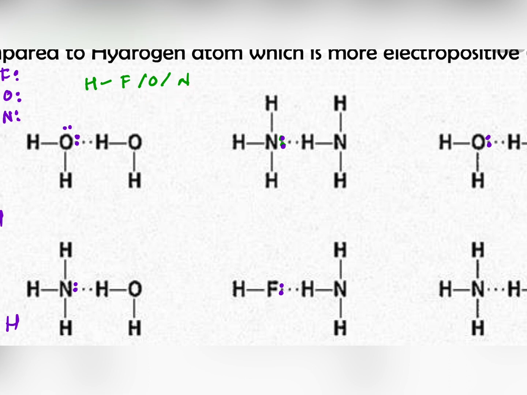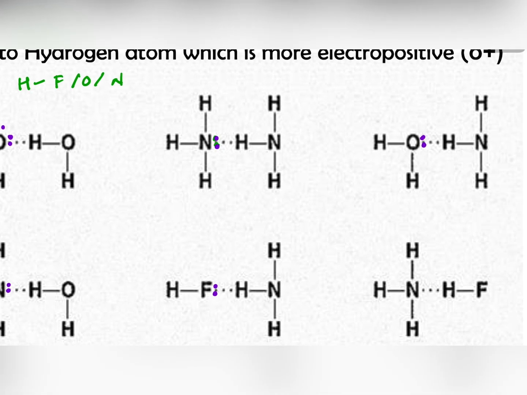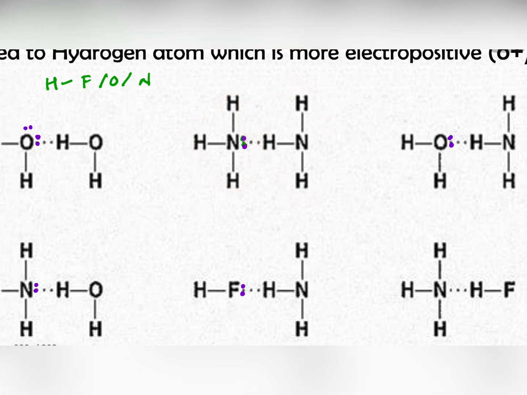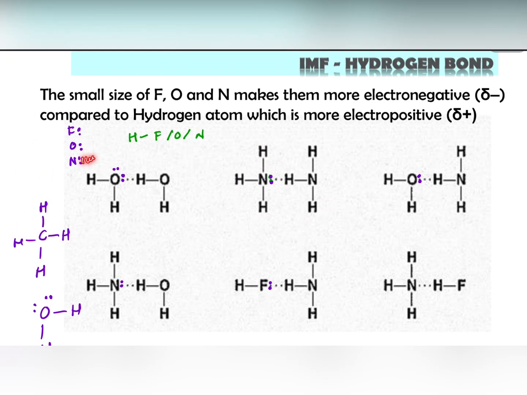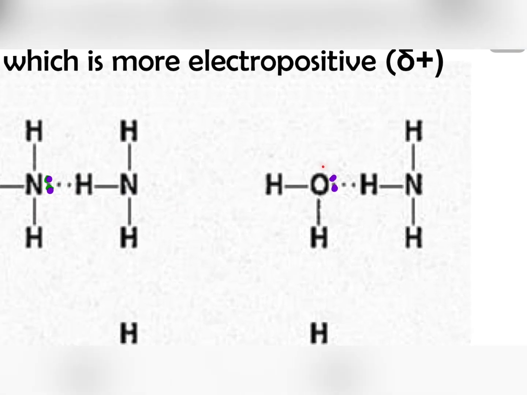Okay, so let's have a look at this example. Okay, so ini ammonia with another ammonia. Sama jugalah case dia. So lone pair daripada nitrogen buat bond dengan hydrogen that directly bond to nitrogen. Okay, so let's say kita ada kat sini water molecule with NH3 ammonia.